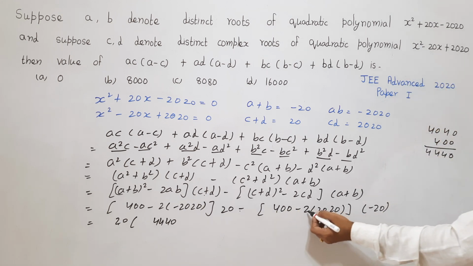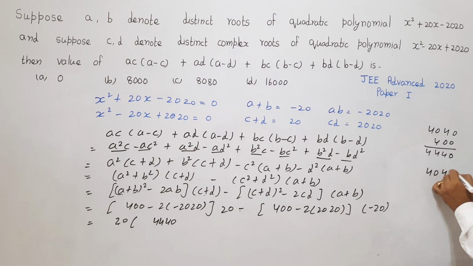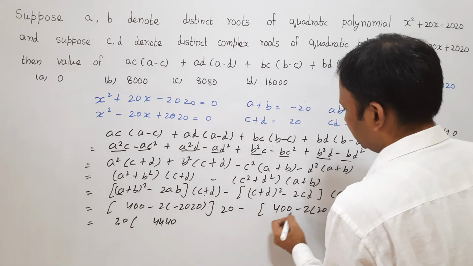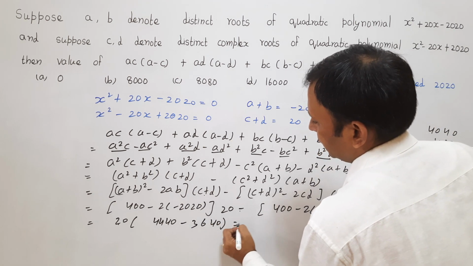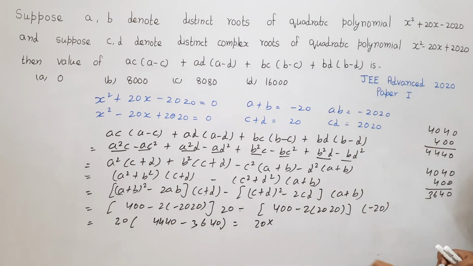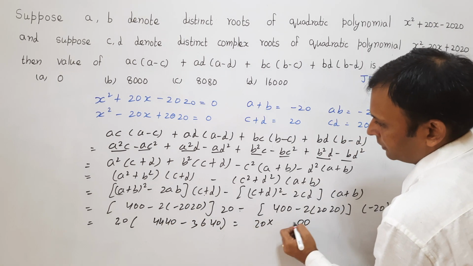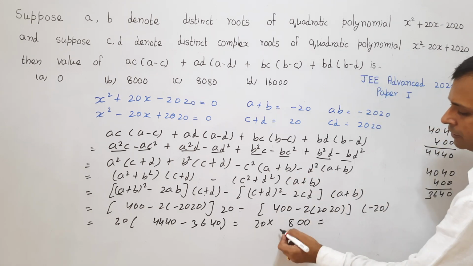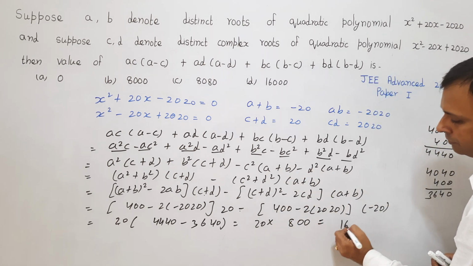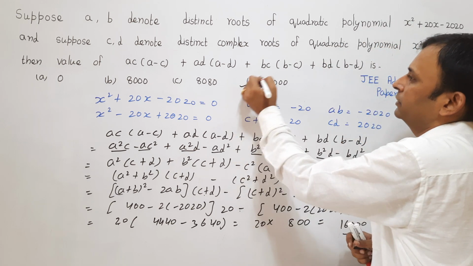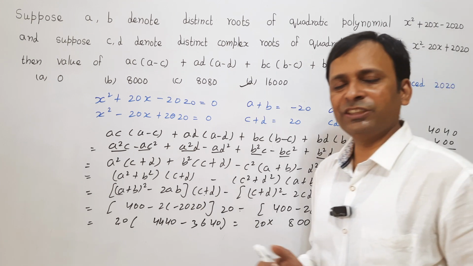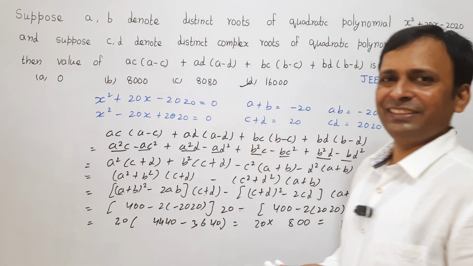So I have to simply calculate 4440 minus 400 minus 4040, which gives me 3640 or so. If I separate, this will give me 800. So 800 multiplied by 20 will give me 16,000. So the correct answer of this question is option D, which is 16,000. So this way we can easily solve this question.